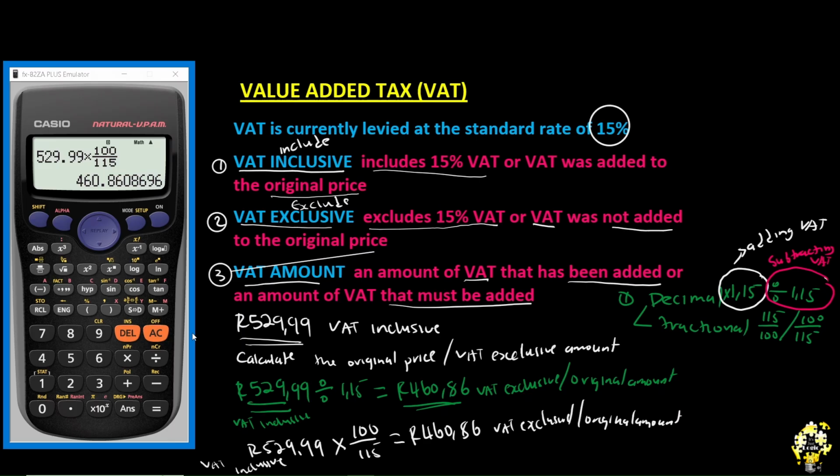So now let's come here again and let's make it easy this time so that you can understand. We said that on the decimal format, if you are taking out VAT, you want to remain with the original amount. What do you do? Well, you divide by 1.15. This side, when you're using the fractional format and you are taking out VAT, what do you do? You multiply, 100 at the top, 115 at the bottom.